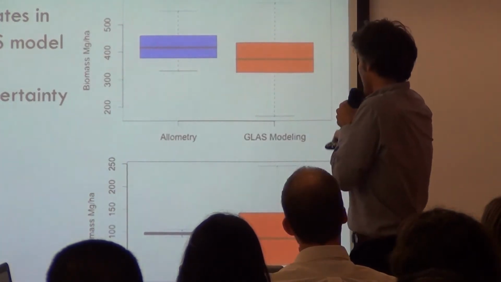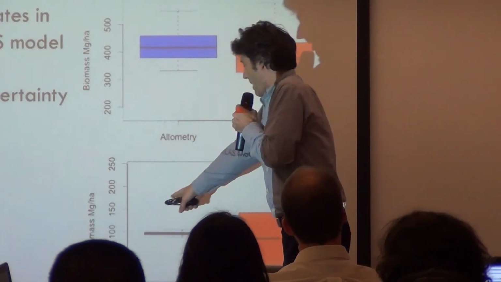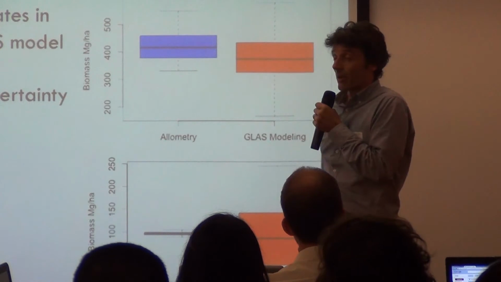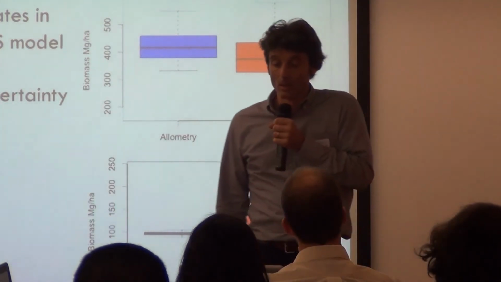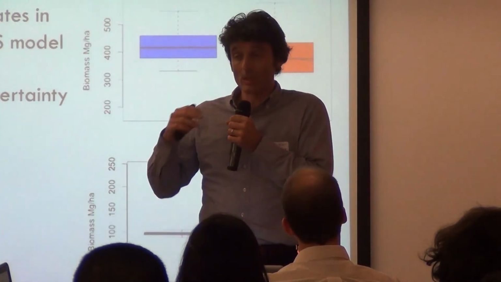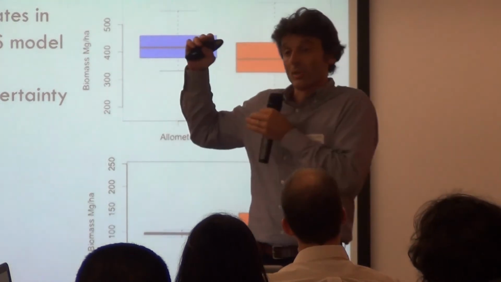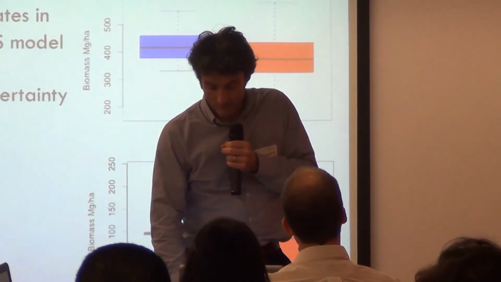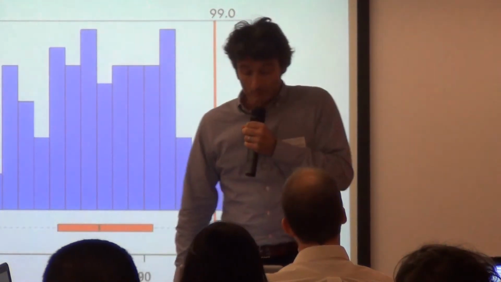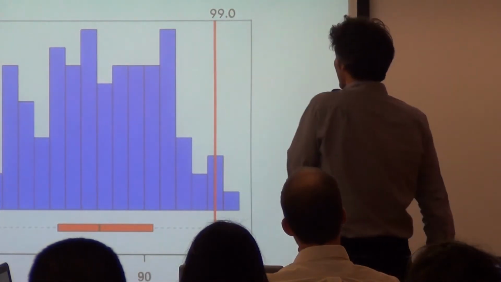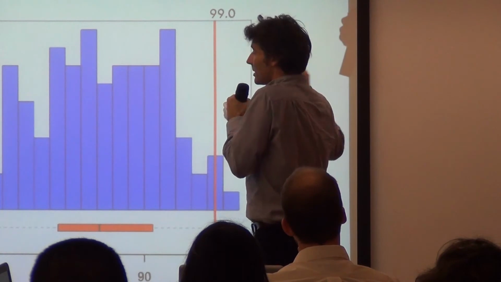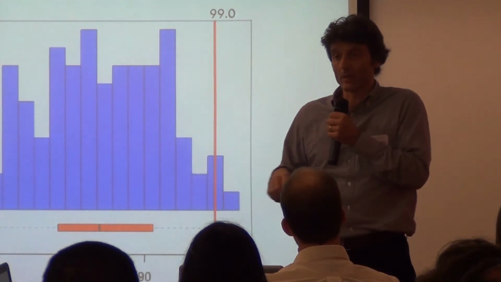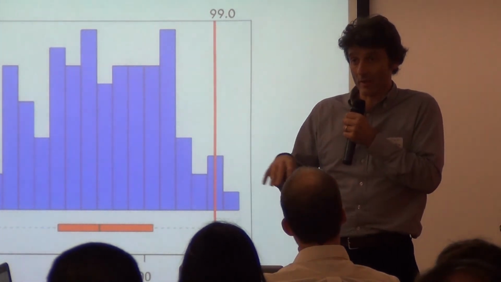And below, again, is the allometry on the left in blue, and is the result of the GLAS estimate in red. As you can see, when you go from the allometry to the GLAS, well, you do increase your uncertainty.